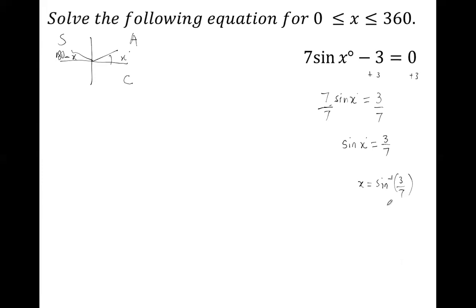I see too many people sometimes rounding the 3/7. No, just use your calculator. That is 25.37. But if they ask us to do it to the nearest degree, you can just say 25 degrees to the nearest degree.